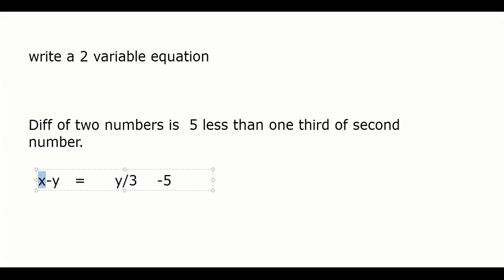It is not 5 minus y by 3. It is y by 3 minus 5, since it is 5 less than 1/3 of second number, so y by 3. Got everybody? Last question. Any confusion on this?